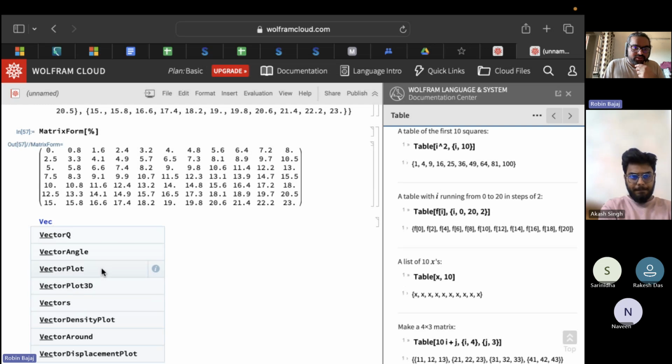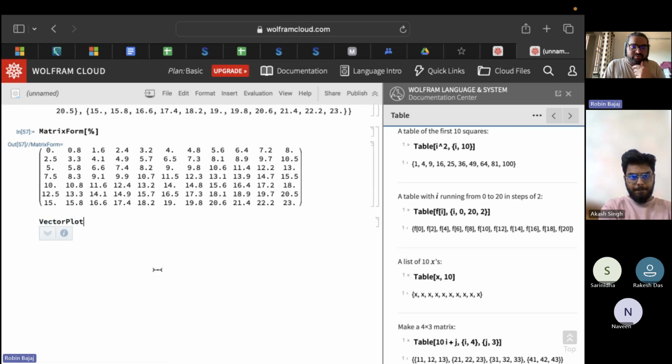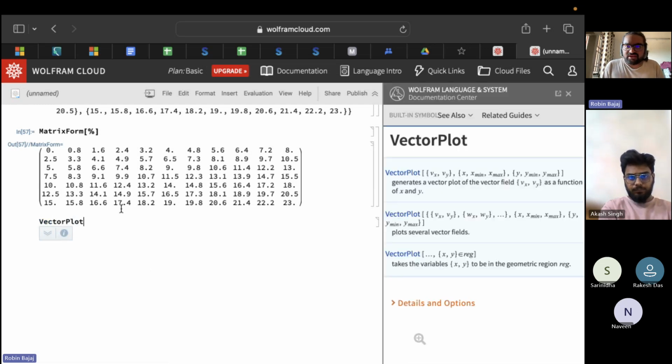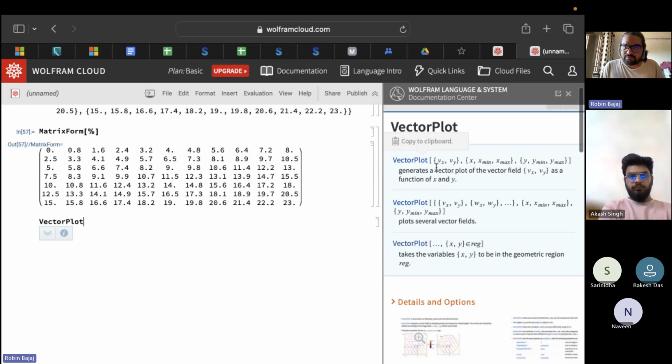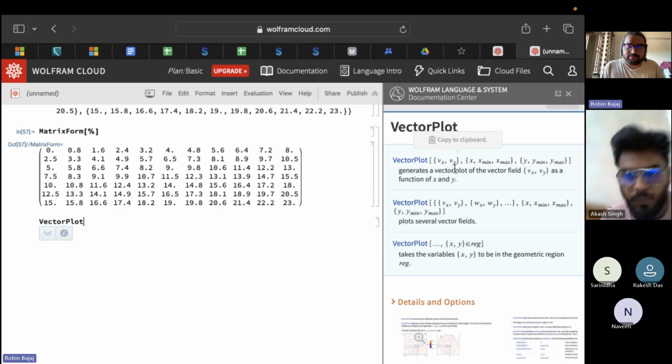Vector plot. Let's say I don't remember, I go there, I put info, and that will give me the syntax. It says vector plot generates a vector plot of vector field Vx, Vy as a function of x and y. So that's pretty simple.